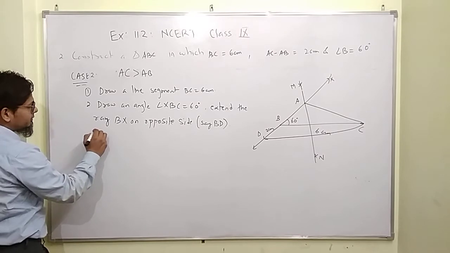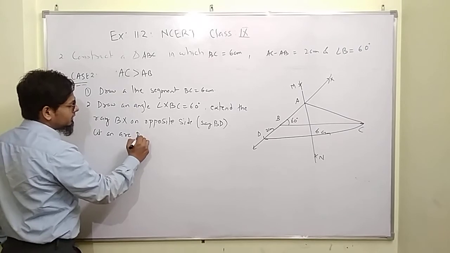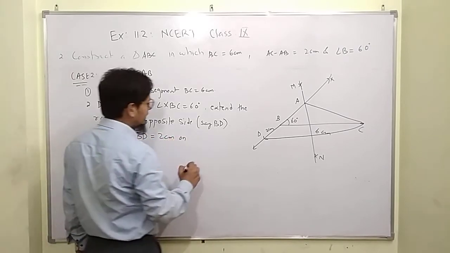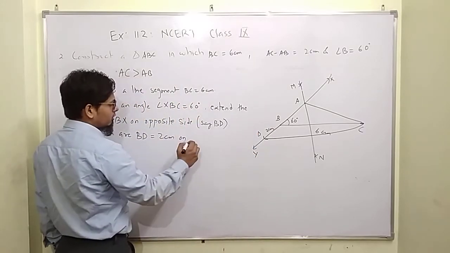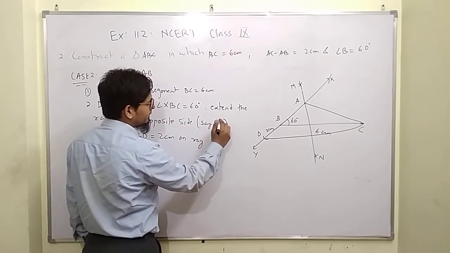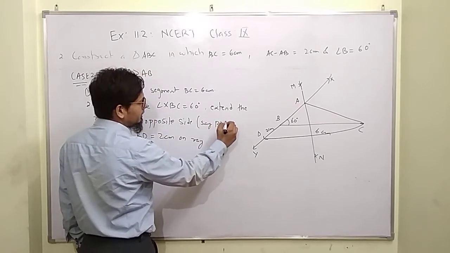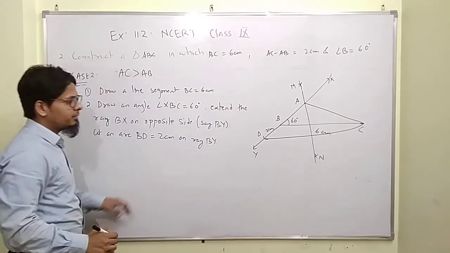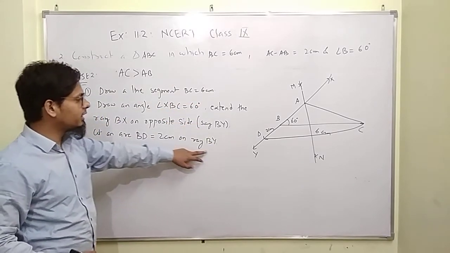In the same step you write: cut an arc BD equal to 2 centimeter on ray BY. BY is the opposite of BX. So I cut an arc BD equal to 2 centimeter on ray BY.